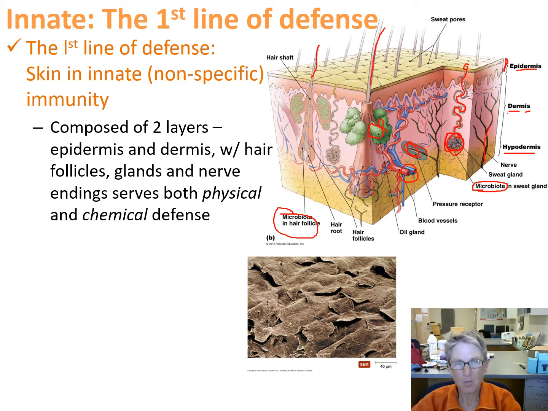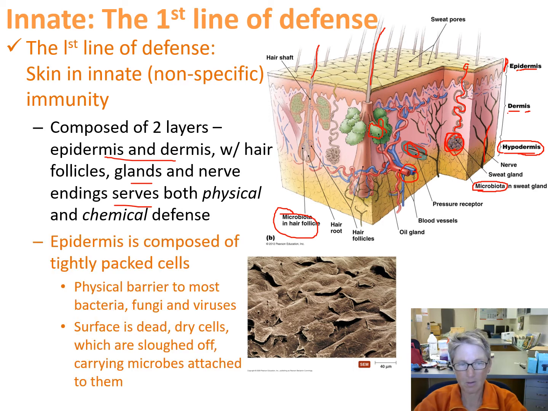So this is the skin, the first line of defense, skin in innate or non-specific immunity. There are two layers, the epidermis and dermis. A lot of anatomists don't consider the hypodermis to be a layer of the skin. Within the epidermis and dermis, there are hair follicles, glands, and nerve endings, and they can all serve both physical defense, just by the thickness of the skin, and chemical defense.